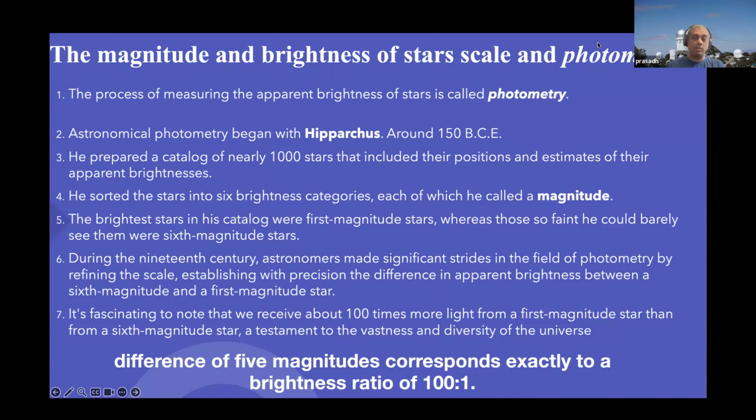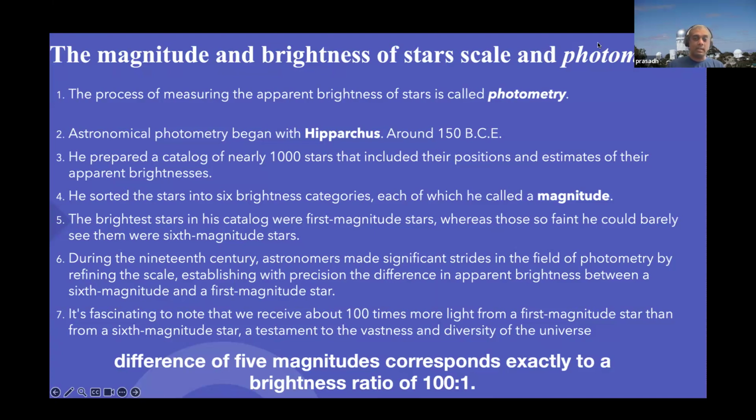He gave the largest number to the faintest star. So the brightest category he gave the number 1, and the next brightest number 2. Like that, when you go to the faintest end, he gave the number 6, right?